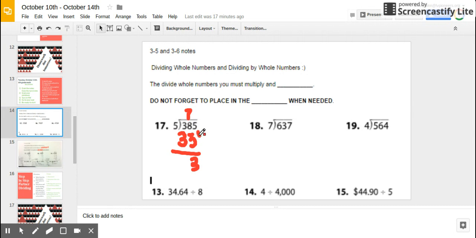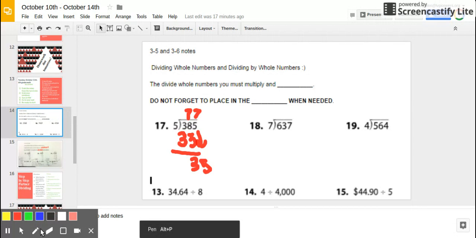Drop down your 5, and you have another 35. So 5 goes into 35 7 times, and that leaves you with nothing left over. So if you were to subtract 35, you would get 0. Okay, I'm going to go ahead and go to the next slide so that you can see what I'm talking about.